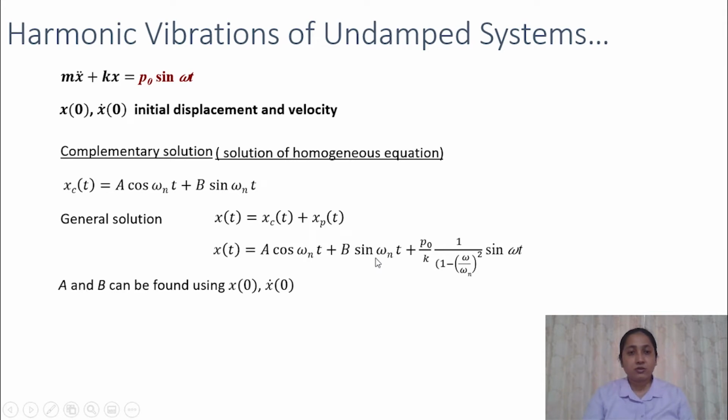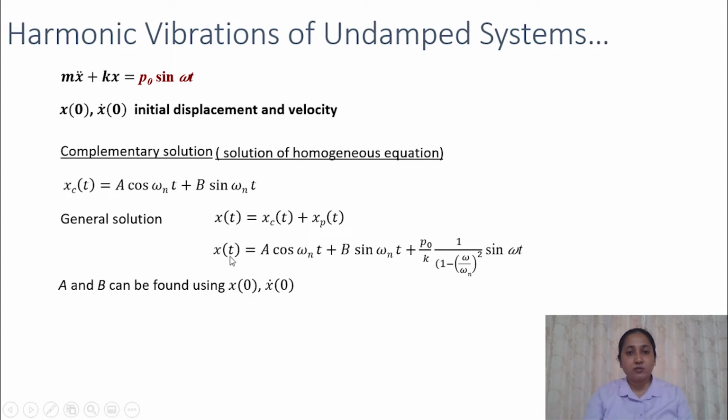So now we can find out the value of the constants A and B by using the initial conditions, initial displacement and the initial velocity. This is similar to what we have done during free vibration.